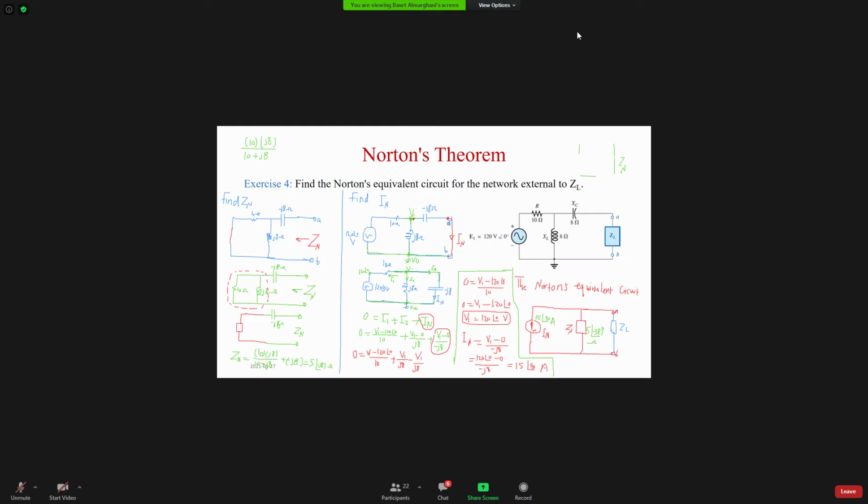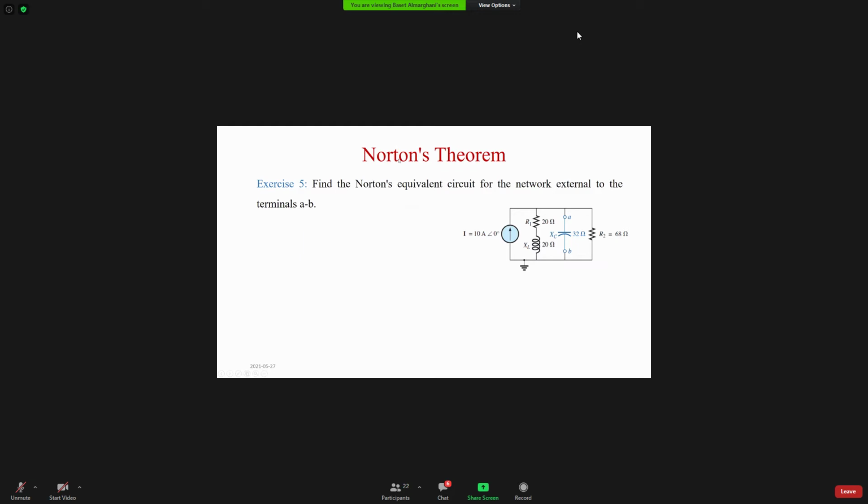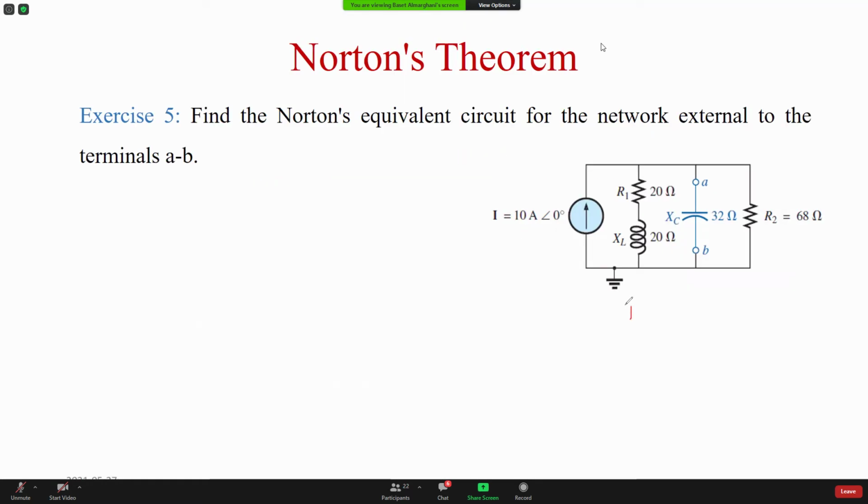Okay, so I'm going to go to the last exercise, which is this one. So the same idea, we're going to find the Norton equivalent circuit. So at the end, I'm going to say, okay, this is the Norton equivalent.